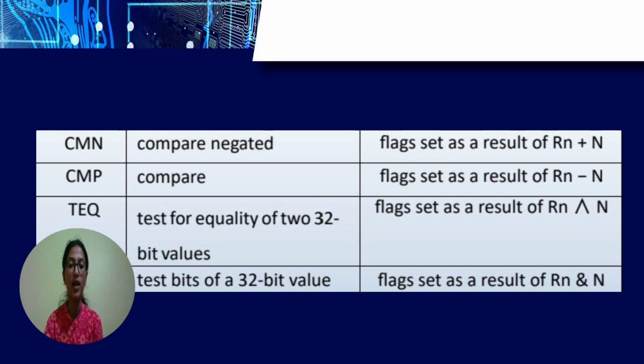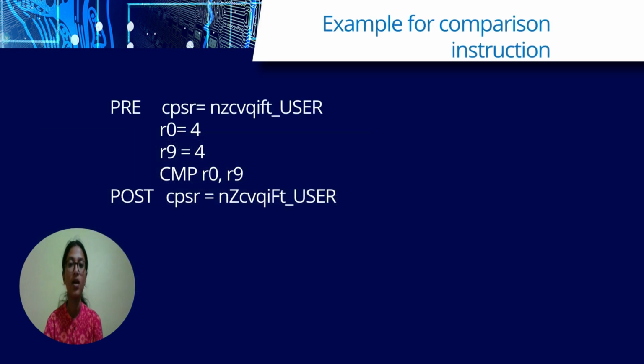And now we'll have an example for the comparison instruction. This example shows a CMP instruction used to compare, and you can see that both registers R0 and R9 are equal before executing the instruction.